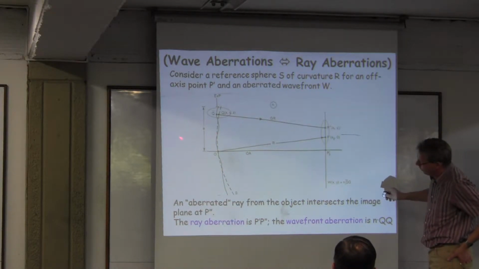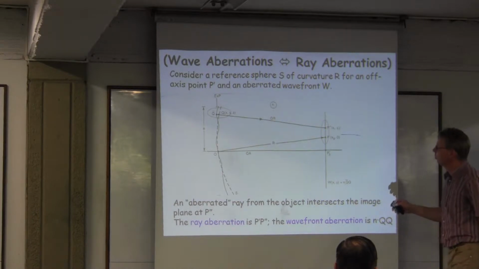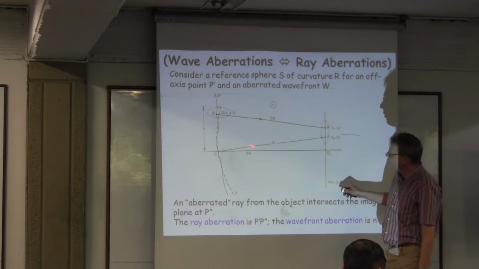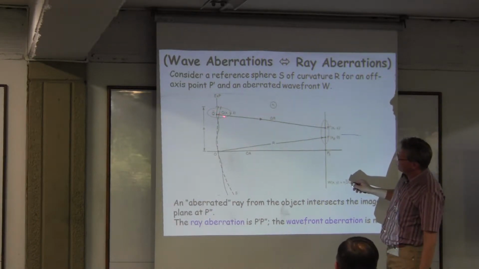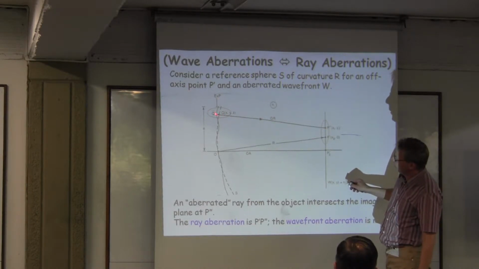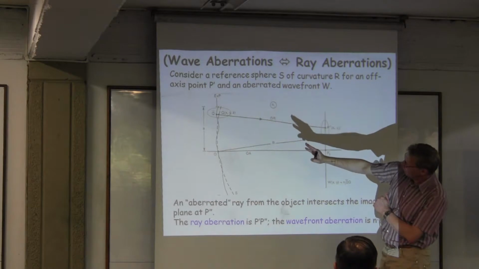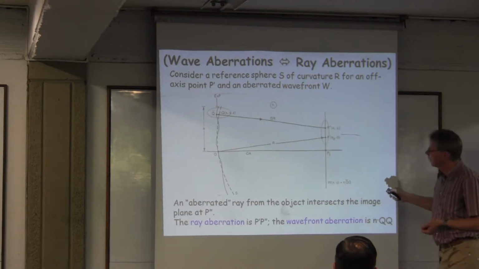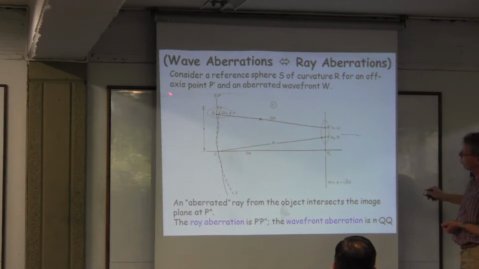So this is the solid line, it has some distorted shape. And so the nominal location of that point that would correspond to Q is now a little back here. Also, of course, different tilt here. So it means that the ray is going in a different direction, and we would have an offset here. And so the distortion of the wavefront means a blurring of the image here.